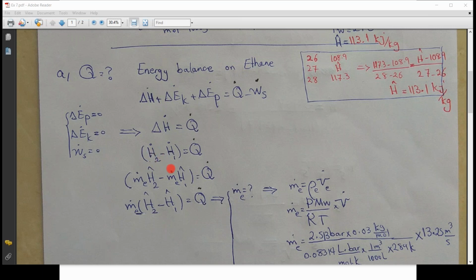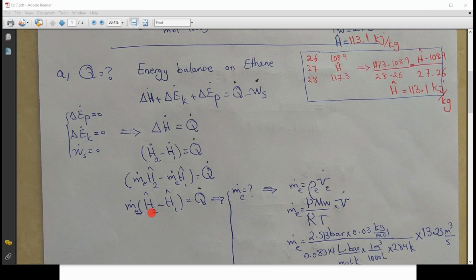Delta H means H2 minus H1, and Q is Q. Because they give us a specific enthalpy, we have to multiply it by the mass flow rate to calculate the enthalpy rate. Because m dot for the ethane is the same entering and exiting the heat exchanger, I just factorized it and put it here.